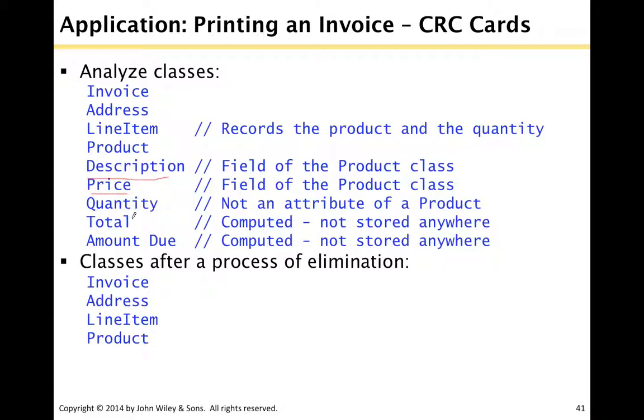The quantity is not an attribute of a product. The total is computed, the amount due is computed, and so on. So by doing such quick analysis, we can reduce the number of classes. So finally, suppose that we have 4 classes identified, and they are going to be implemented: invoice, address, line item, and product.